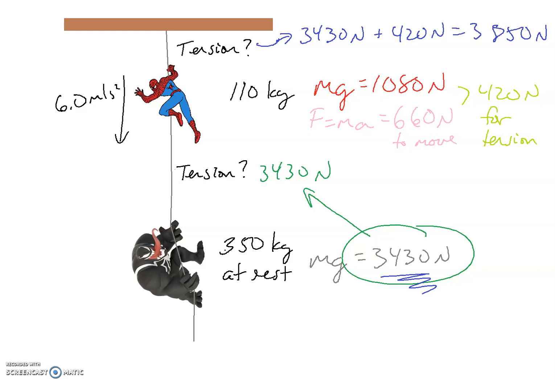If Spider-Man or Venom were climbing up the web and accelerating, then we would increase the tensions by their F equals ma, but they're not. And if they're both at rest, it would be static equilibrium, and the tensions would just be their weights. This middle one would be the weight of Venom, and this top one would be the combined weight of the two people together.